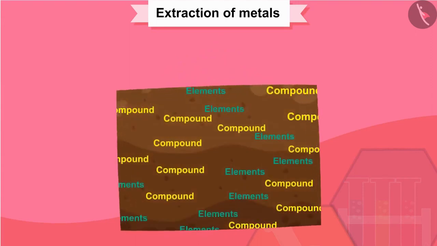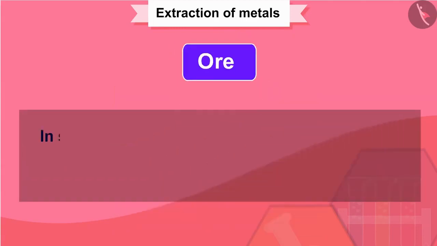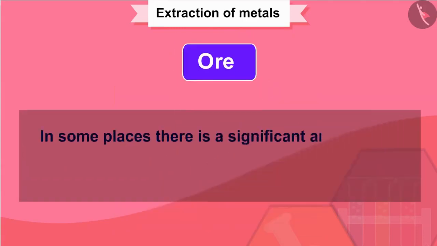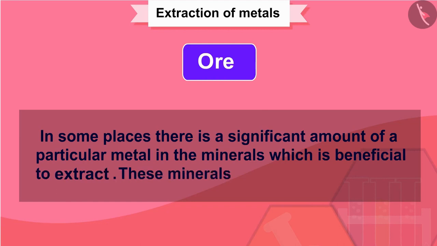Naturally found elements or compounds in the Earth's crust are called minerals. In some places, there is a significant amount of a particular metal in the minerals, which is beneficial to extract. These minerals are called ore.